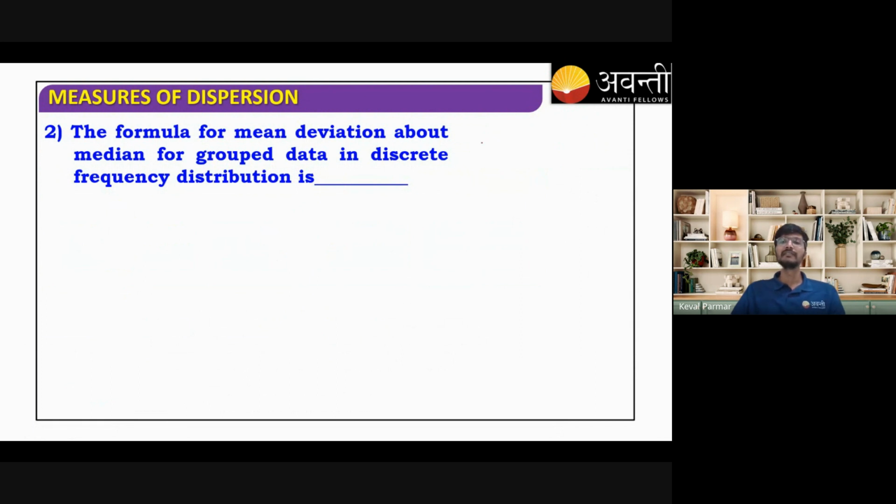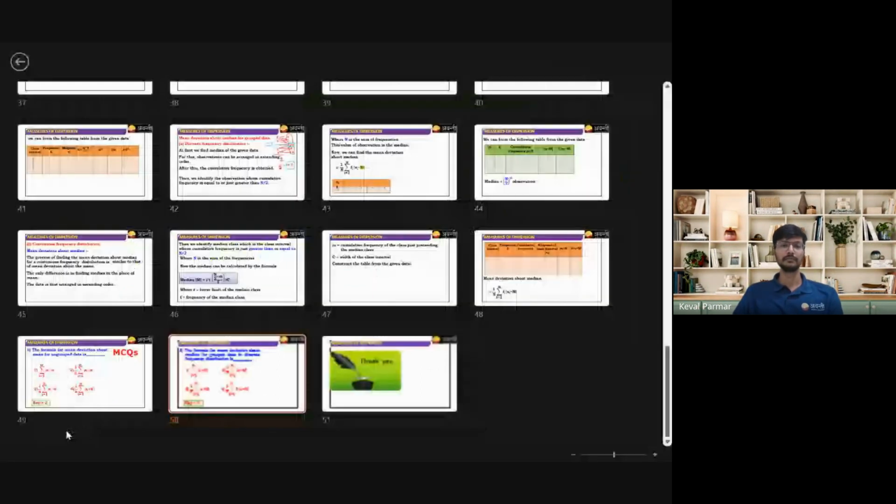Suppose I have been given the ungrouped or random data as 3, 4, 3, 8, 10, anything, guys. 11, 8, 3, 7, 7, 2, 10, 3, 4, 8, 7, 2, and so on.